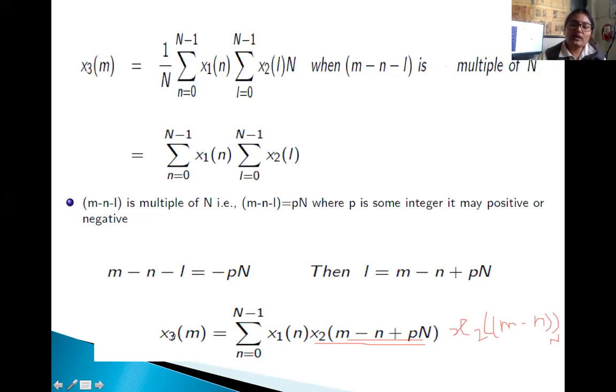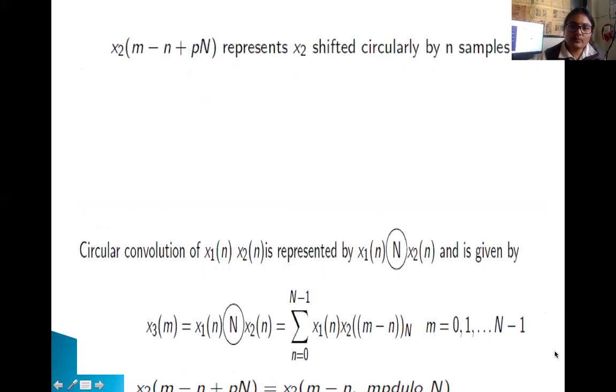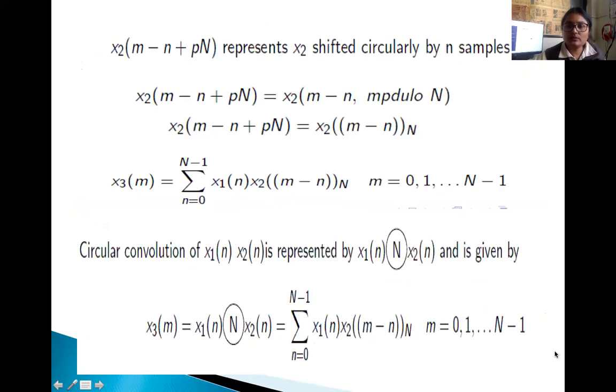So we can write x3 of m, which is equal to summation n varies from 0 to n minus 1, x1 of n, second sequence is x2 of m minus n modulo n. So the equation which we have obtained is nothing but a circular convolution. In the convolution, we have observed that there are two sequences.